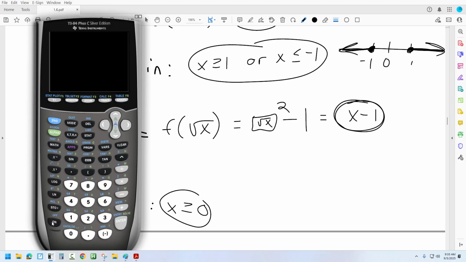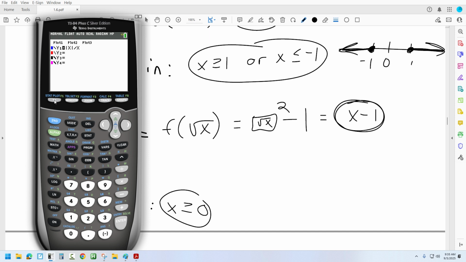Now, if you type that in on the calculator, and you just type in x minus 1, it's not graphing greater than or equal to 0. It graphed the whole line. That's because when you type in x minus 1, how does it know that this x came from the square root of x squared? It doesn't.